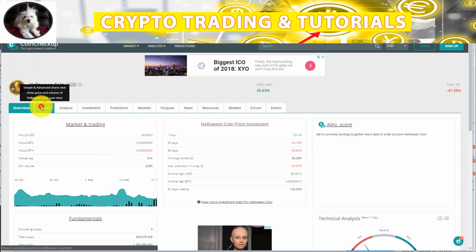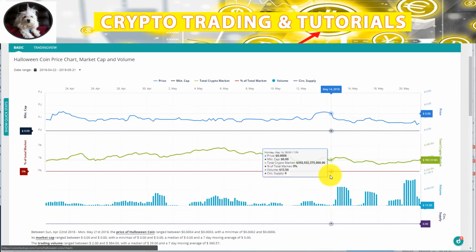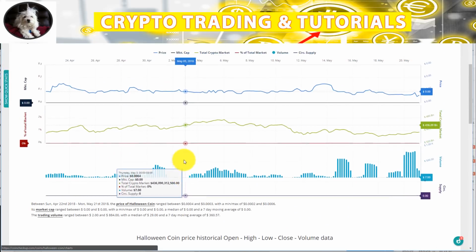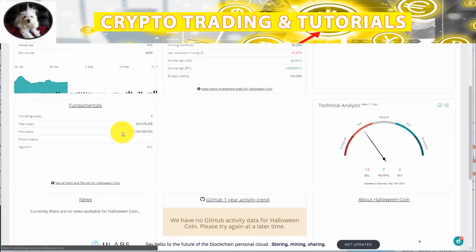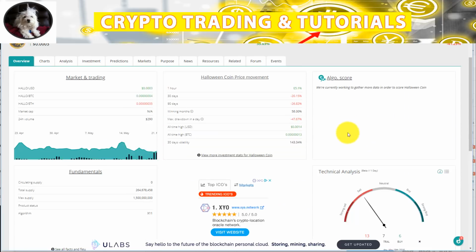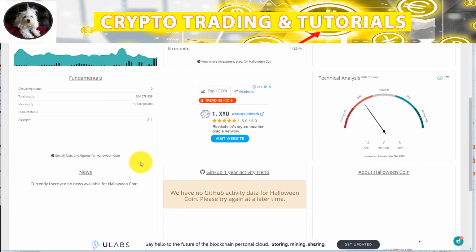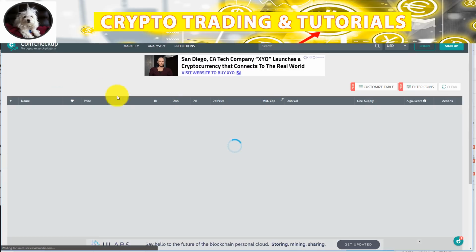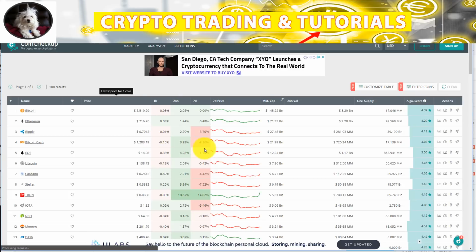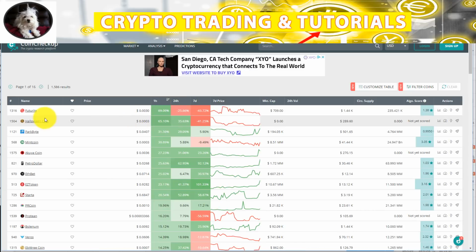And if we look at the chart, I know we're going off on a bit of a tangent here, so I don't even know what it is, right? But I like this site just outside of this, because it gives you a good overview of what things are. So as we see here, Halloween coin doesn't even have an algo score. There's no background on Halloween coin, but it is definitely at the top of the list for the 1 hour. So that is something to pay attention to.